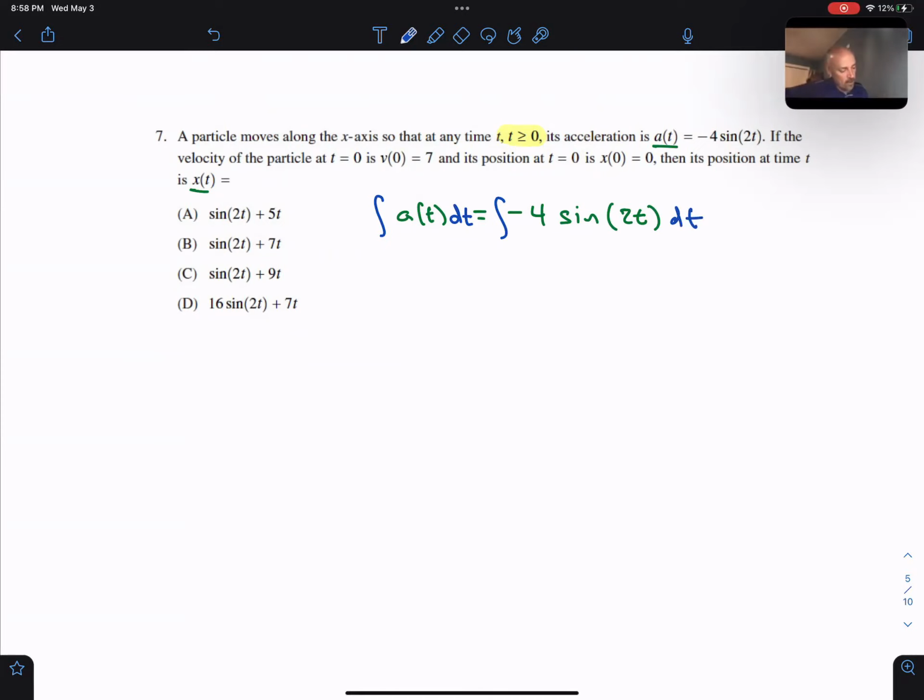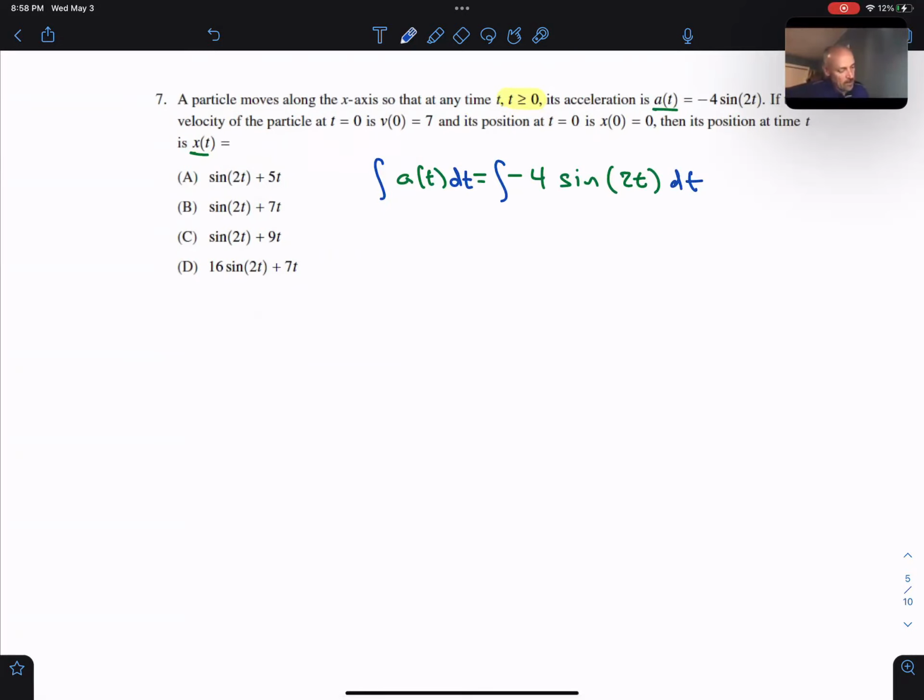Okay, the left side: the integral of acceleration is going to be velocity. So that's going to be v of t on the left side. Okay, now the right side. I'm going to take that negative 4, basically just pull it through as a constant multiple. Now I'm looking at the integral of sine of 2t.